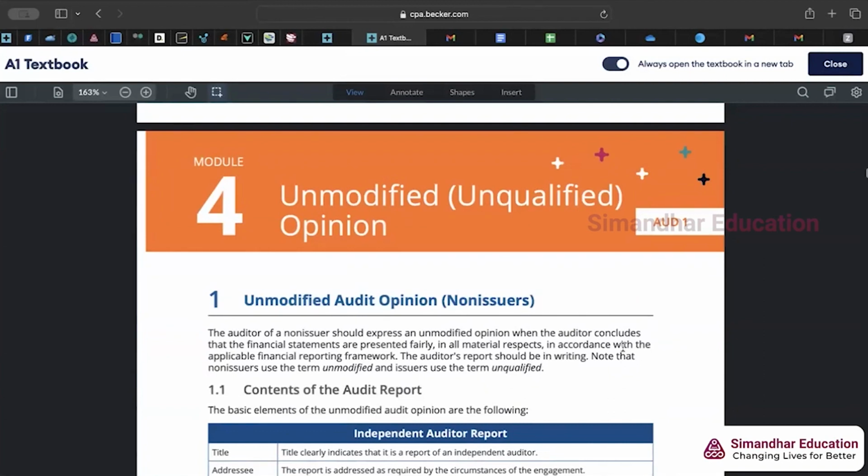And how it is modified, we will talk about in next chapters. Opinions are going to be the same for issuers and non-issuers, just the reporting format is going to change. Types of opinions are going to remain the same. Format in which they are reported are different.